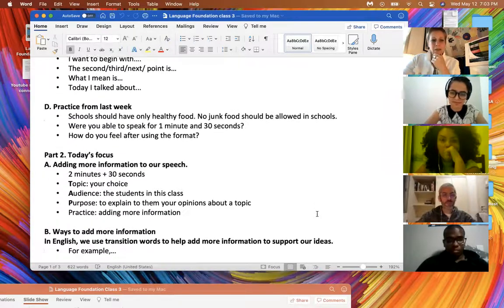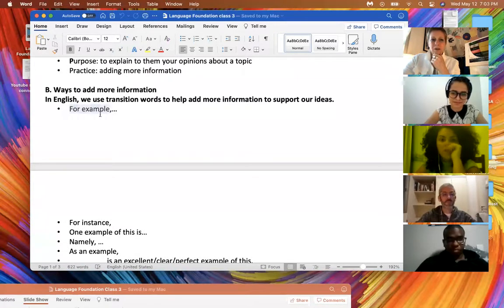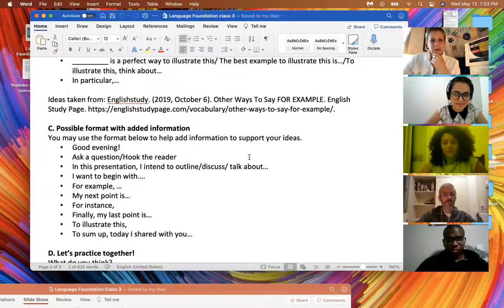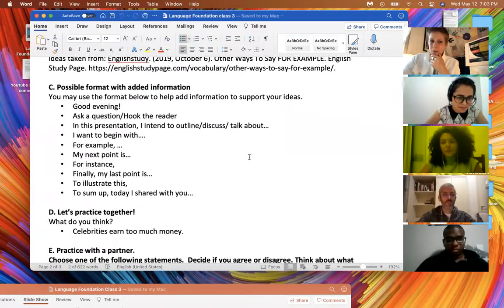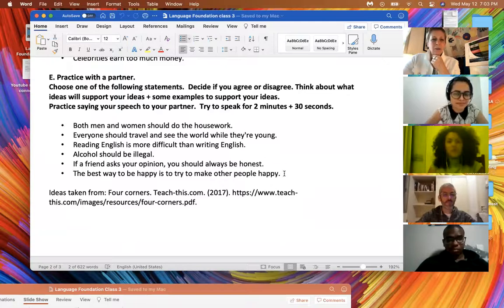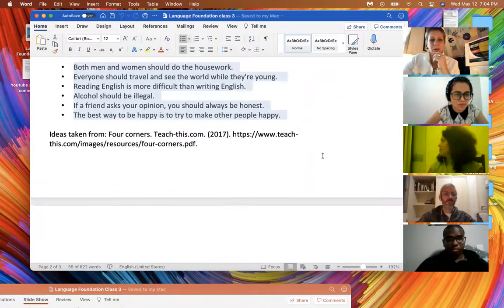Maybe this is the same from last week. Here are some examples for you to add more information. And then this is a possible format you could use. This is what I was hoping that we would get to, that you would choose an opinion and then try to practice with that, okay?